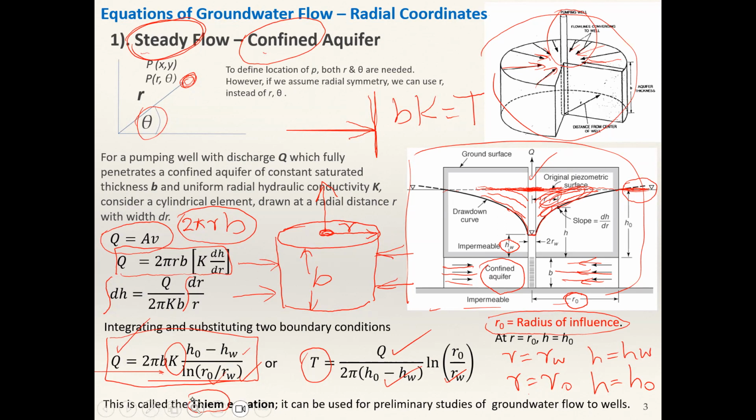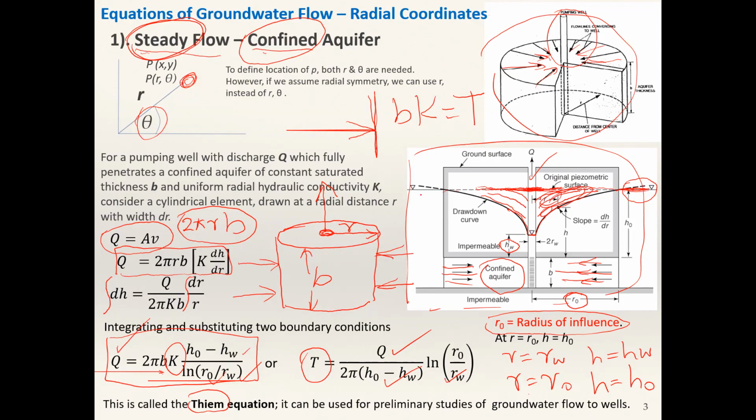And you need to remember under what conditions we can use this Thiem equation. What are the assumptions? What are the conditions we use? We assume that the flow is steady and it is a confined aquifer. Other than that, there are many other assumptions.